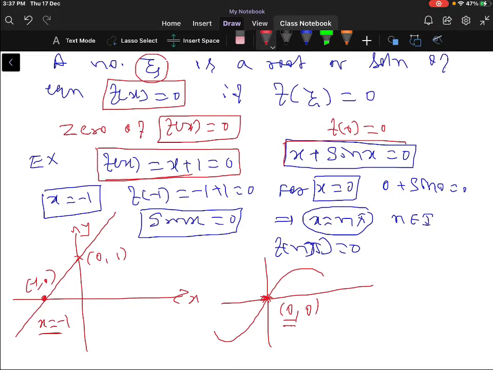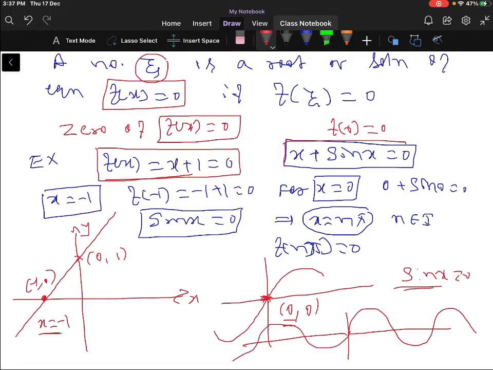So let me take another example, that is sin x is equal to 0. So let us plot the graph of the equation like this. We can plot in the positive x-axis. Similarly, like this we can write.